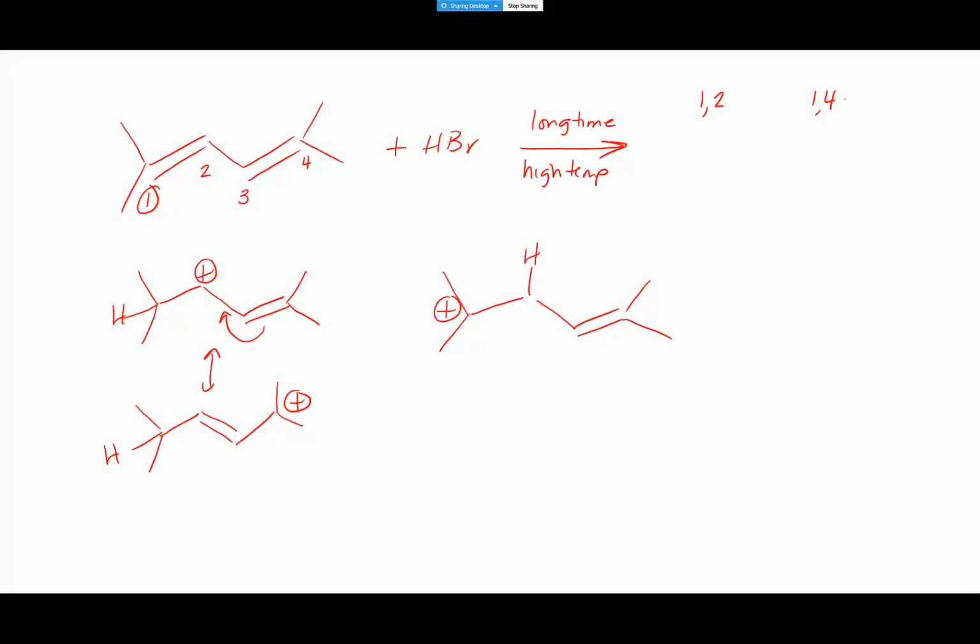Because I could write 1,2 and 1,4 products if I added bromine. I would add one bromine to carbon 1, then the other bromine to carbon 2, then for the other product, bromine to carbon 1, bromine to carbon 4, double bond between 2 and 3. Bless you. So always add the electrophile to carbon 1, carbon 4, always add it to the end, because then you're going to get the allylic carbocation, the most stable one.